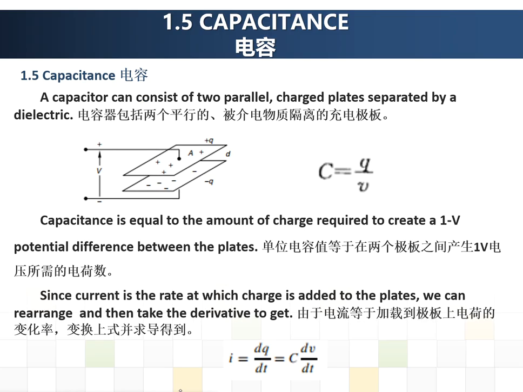A capacitor can consist of two parallel charged plates separated by a dielectric. Capacitance is equal to the amount of charge required to create a 1 volt potential difference between the plates.